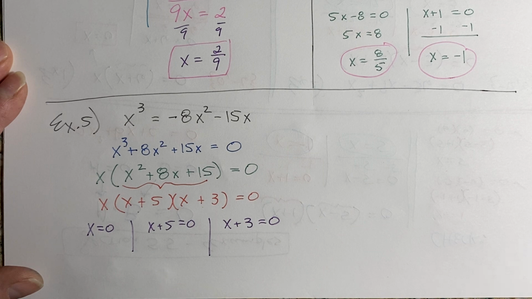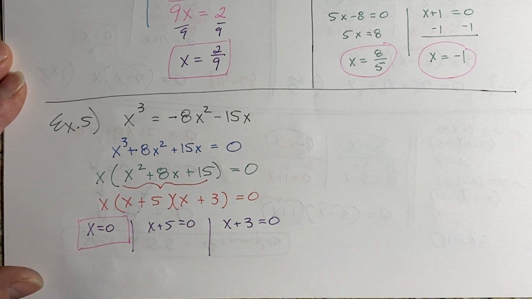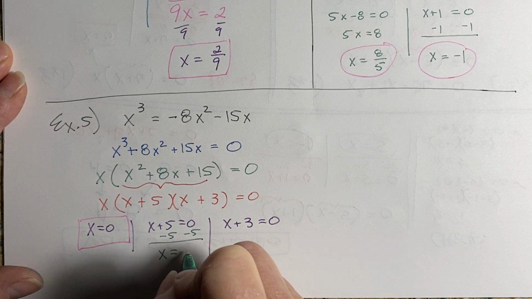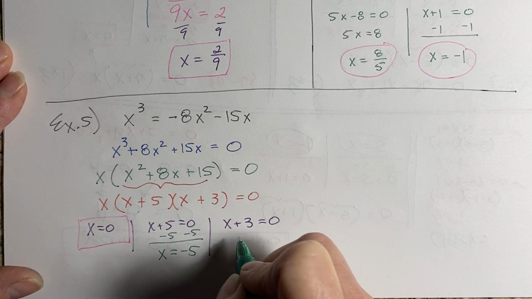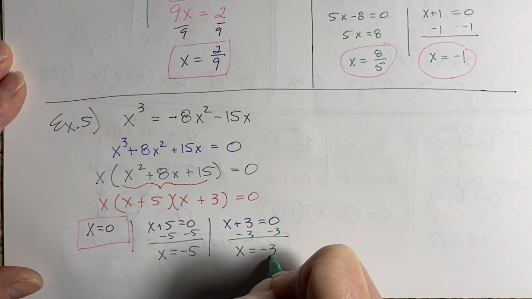So here, we don't have to do anything. That one has already given us a solution. X is 0. Here, I'm going to subtract the 5. So x is -5. Here, I'm going to subtract the 3. X is -3.